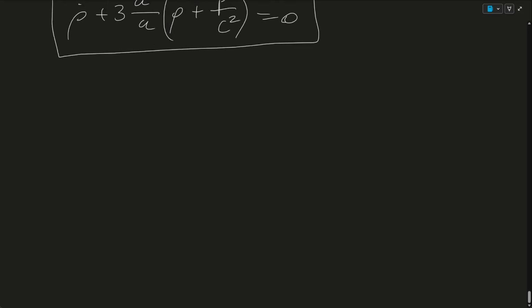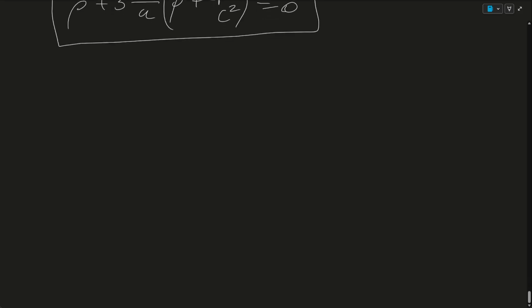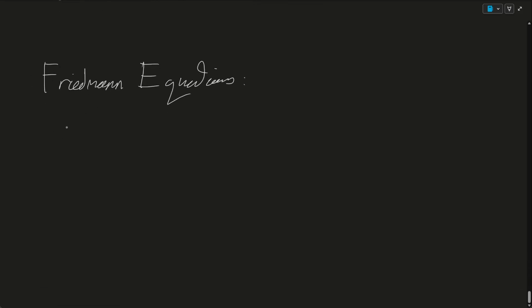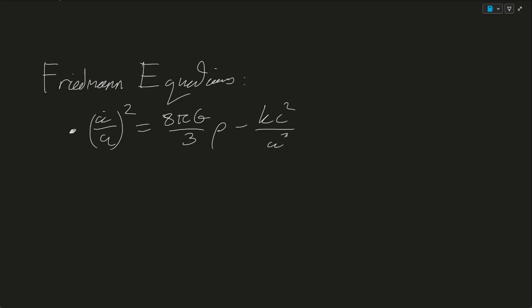So, well, that was a bit of a saga. In conclusion, we have the Friedmann equations to be the following. That a dot over a squared is 8 pi G over 3 rho minus k c squared over a squared.